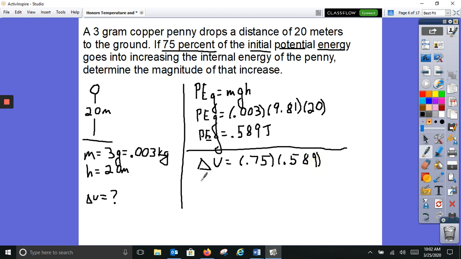When we multiply those, we get 0.441 for an answer. Being an energy, it's also measured in joules.